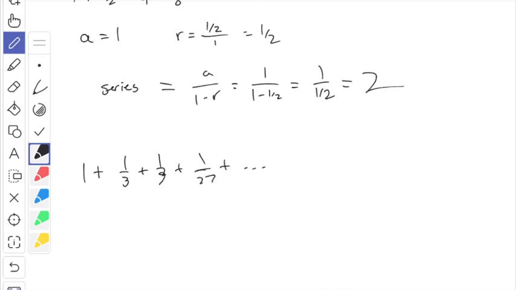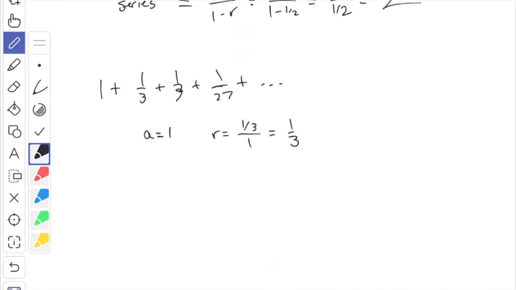Well, you just plug into the formula, right? Again, the A is 1 in this case. The R this time is going to be 1/3 divided by 1, which is 1/3. Plug it all in and work it all out. It does converge because R is less than 1, so I get A over 1 minus R. This is 1 over 1 minus 1/3.